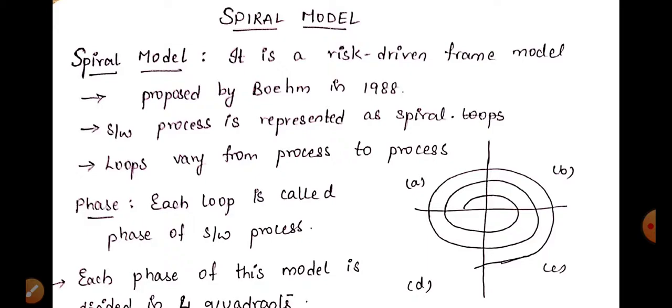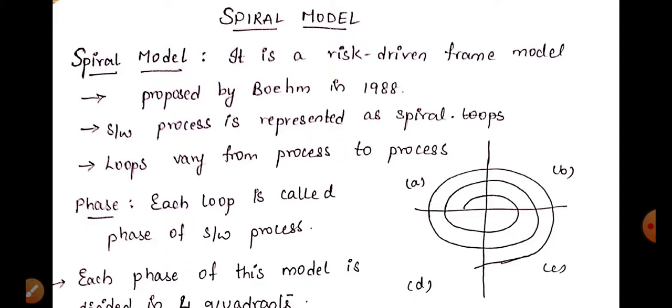The main concept is to do risk analysis. Risk analysis is nothing but if the customer wants to make any changes to the project, then we can easily do the changes. And similarly, we can concentrate on each and every phase and design a software product.